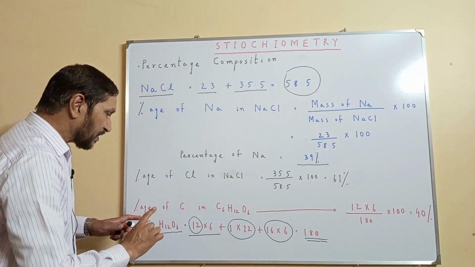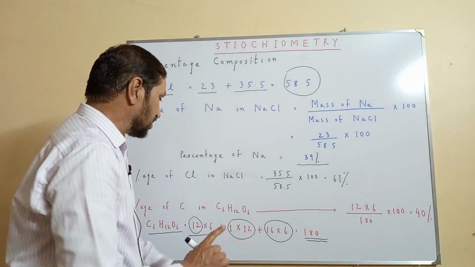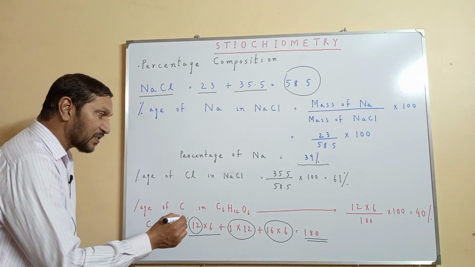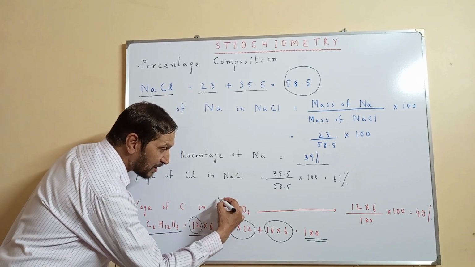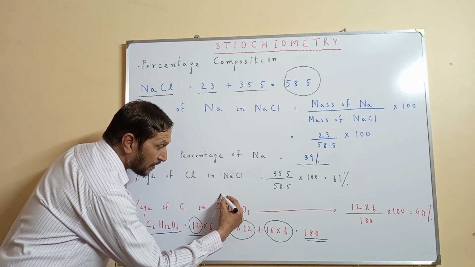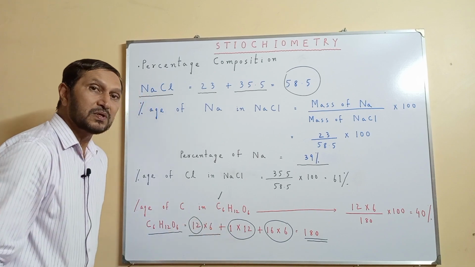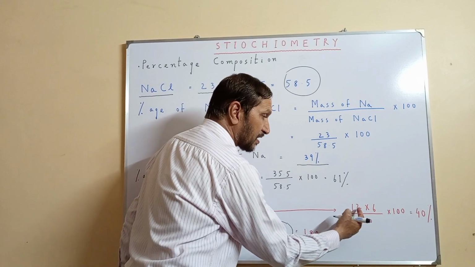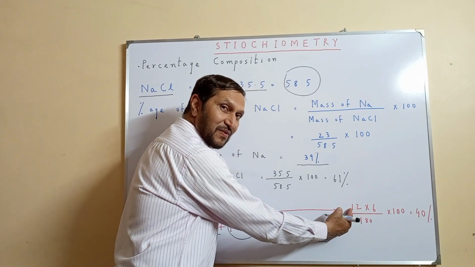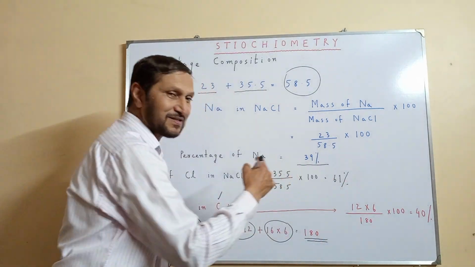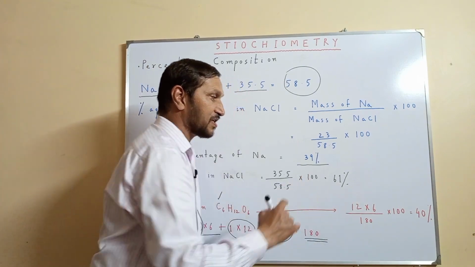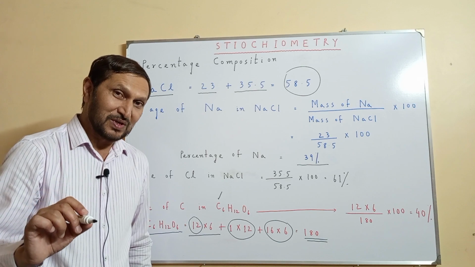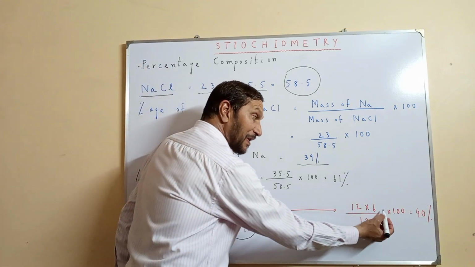Now we will come to the percentage of carbon in glucose. As we know, what is the contribution of carbon in glucose? That is 6 carbon atoms. So we will write the atomic mass of carbon multiplied by 6, divided by 180, the total molecular mass of glucose, multiplied by 100.